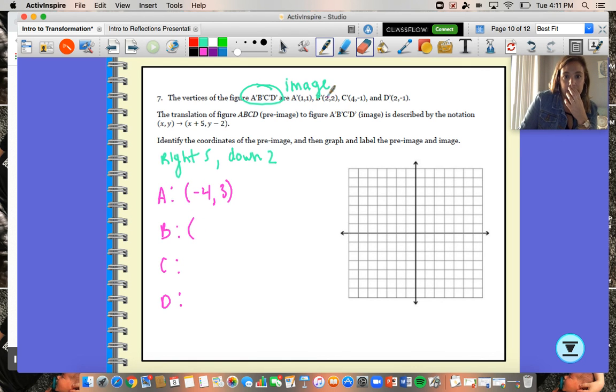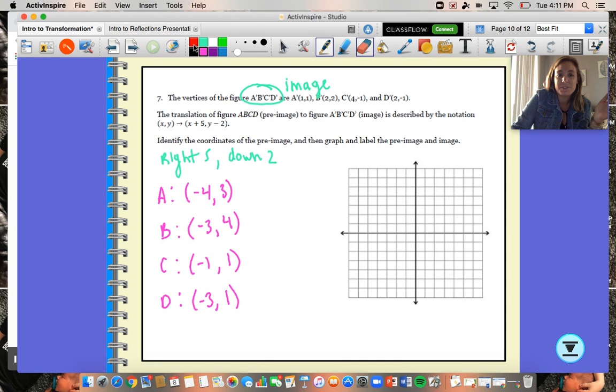Here, I'm going to start at 2, 2, and I'm going to go left 5, and I'm going to go up 2. I'm going to go 4, -1. I'm going to go left 5, that's going to be -1, and up 2, that's going to be 1. My answer is 1.